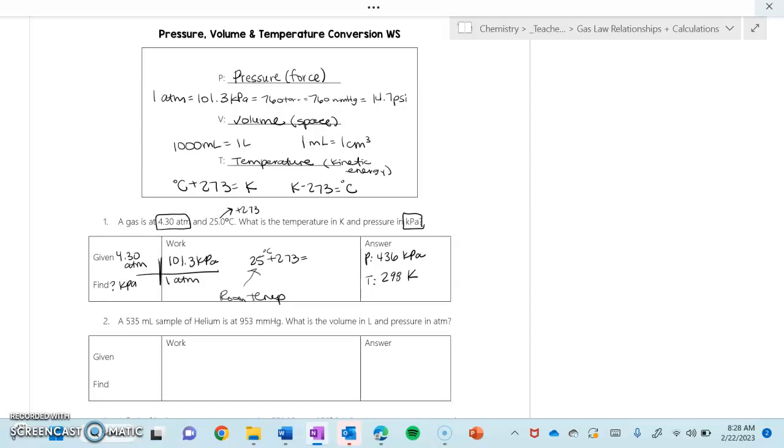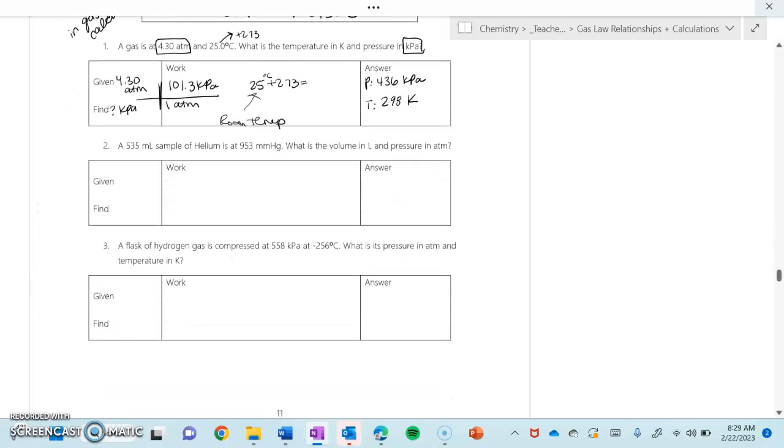And again, I'm just going to make a note here, always use Kelvin in gas law calculations. This will be for next week, the importance of using Kelvin. So that's the process for each of these.